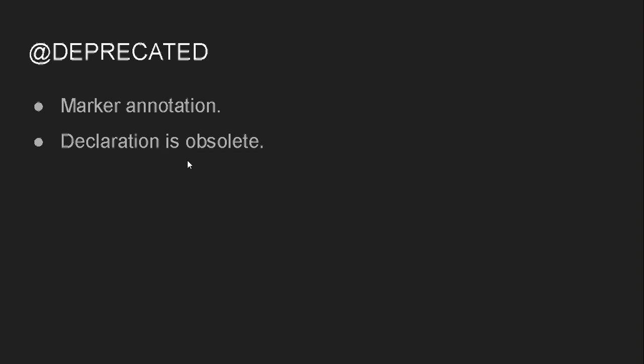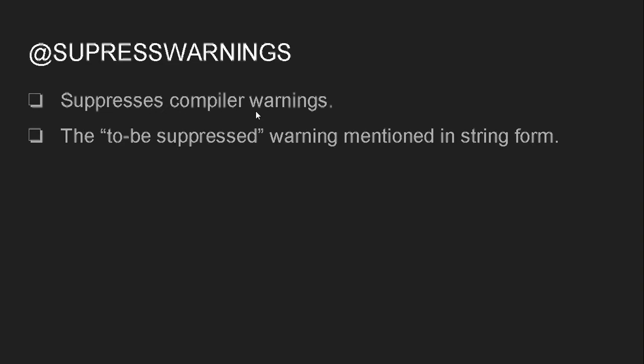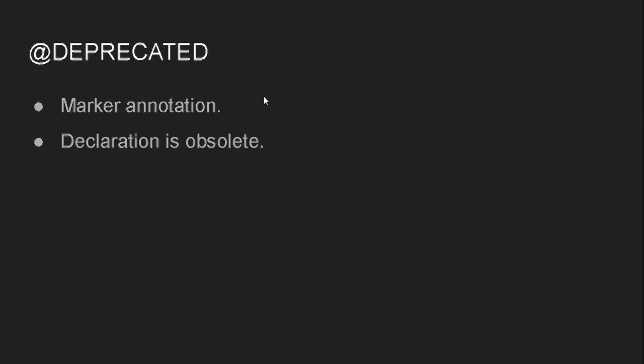Even though you can call that constructor or that method, the Java compiler is going to give you a warning. It is not going to give you any kind of errors, because that is not the purpose of this annotation. But Java is going to warn you that this is obsolete, or has been marked as deprecated, so try to use something else.